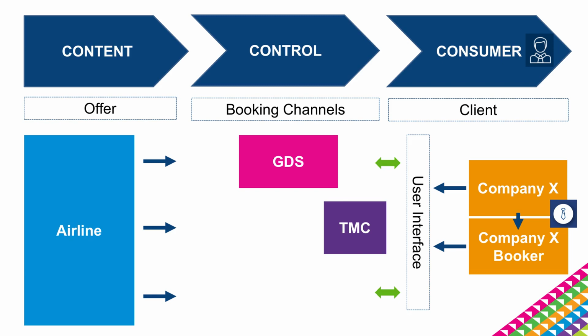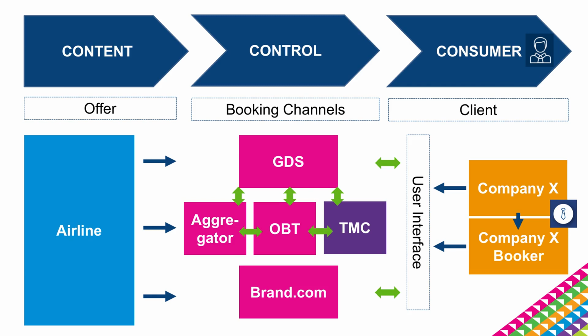So I can book directly on the airline's website, provided the travel policy allows to do so, or I can book via the online booking tool or any user-oriented tool like an aggregator. And of course, this involves using a mobile or even chat.